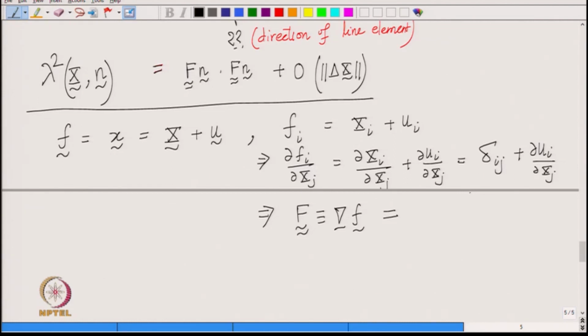What is the tensor of delta I j? It is the identity tensor, you remember from the first lecture, it is the identity tensor, and then del u I over del x j is then simply the gradient of displacement. So, this is your displacement gradient.